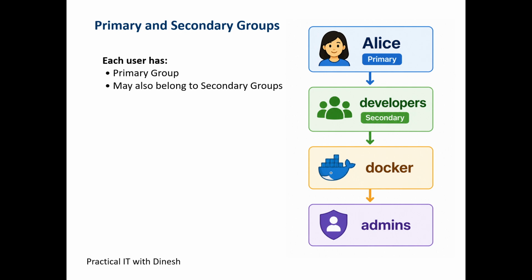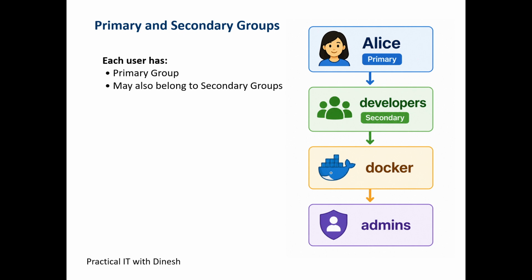Every Linux user belongs to at least one group. The primary group is the user's main group. Secondary groups: a user can also belong to additional groups depending on their responsibilities.